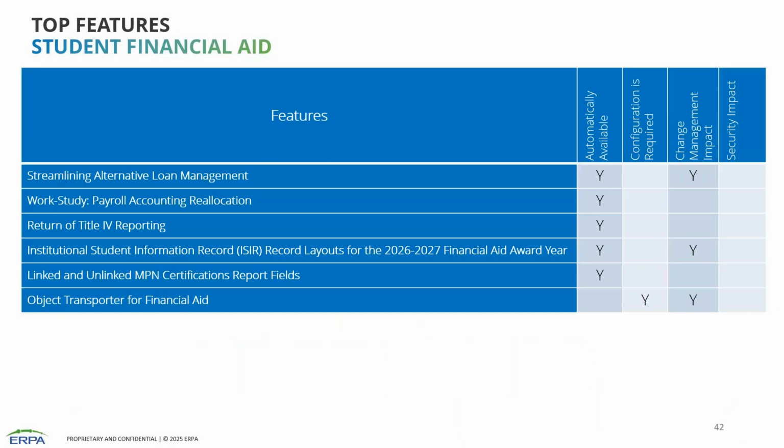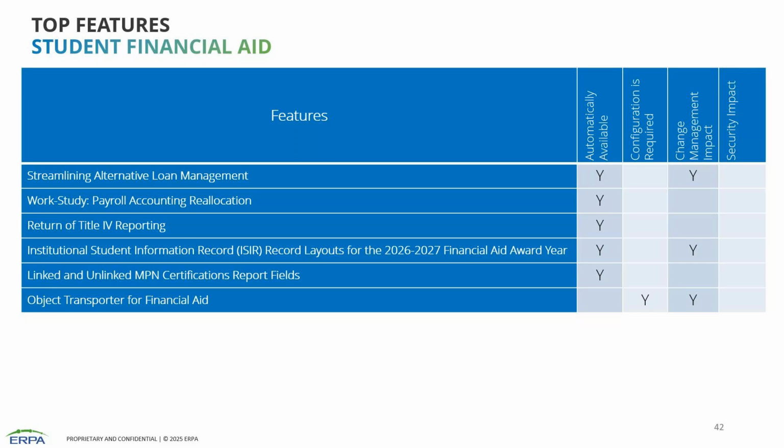So this slide here shows the 6 key updates with this release. We've got streamlining alternative loan management, work study payroll reallocation, return of Title IV reporting, and of course the new institutional student information record layout for 26-27, the ISER.